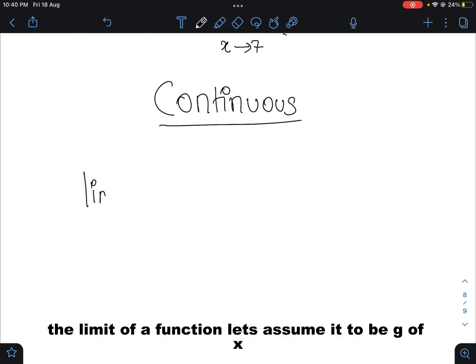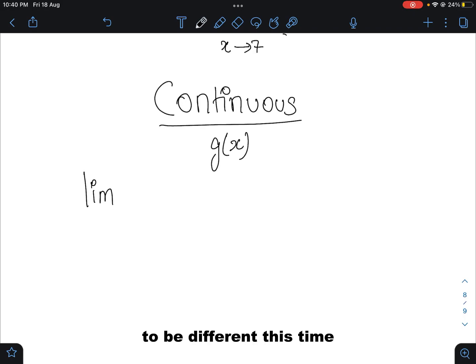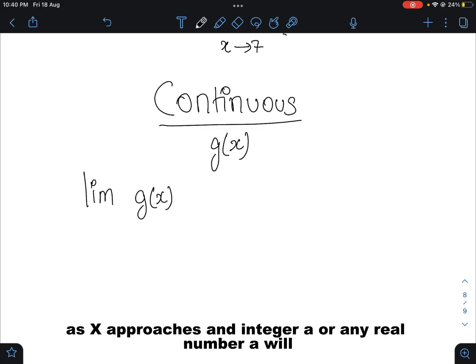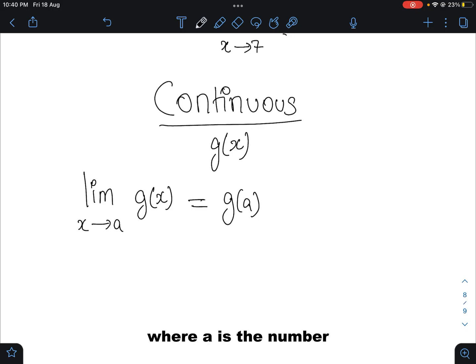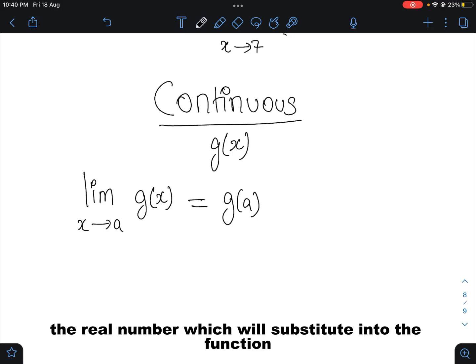The limit of a function, let's assume it to be g of x this time, as x approaches an integer a or any real number a, will equal, if it's continuous, g of a, where a is the real number which we substitute into the function.